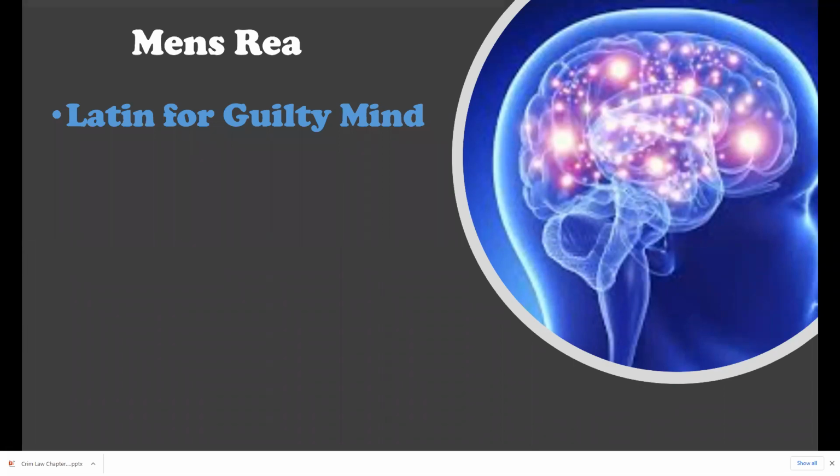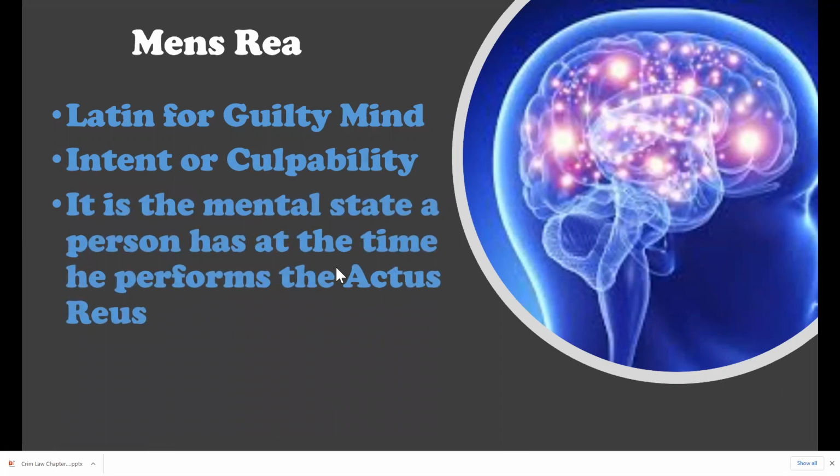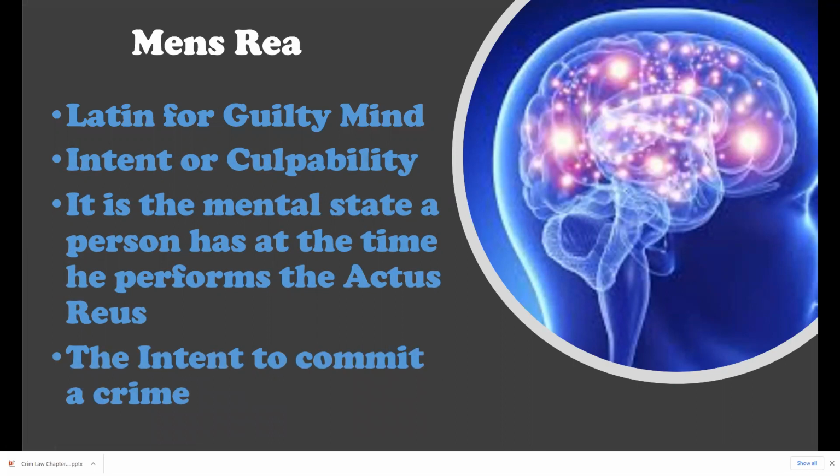And that's why the mens rea and the actus reus must happen at the same time. So it's the intent or the culpability. It's the mental state a person has at the time he performs that actus reus. The intent to commit a crime. And the crimes that we're going to go over for the rest of the semester are going to have different mens rea.